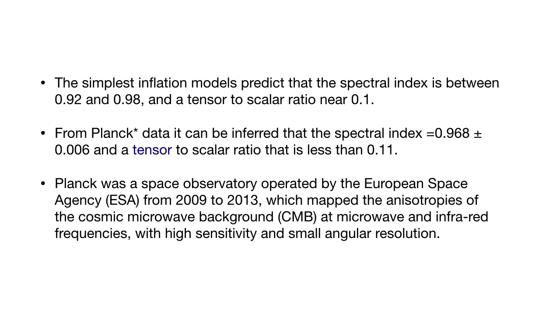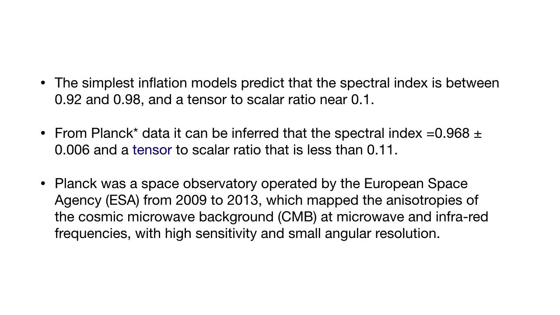The other, the tensor to scalar ratio, should be about 0.1, nearly 0.1. So again, with the prediction here, what we need to do is verify that this is actually the case.